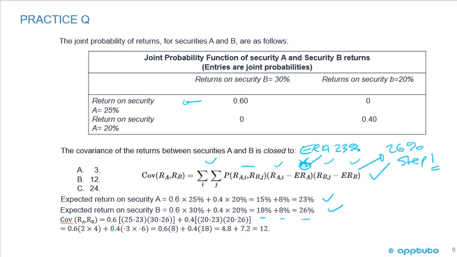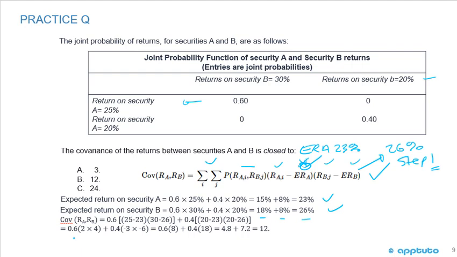It's 0.6 times return of A minus expected return of A times return of B, 30%, minus expected return of B, plus the 0.4, we're on the second row now, times return of A, 20%, minus expected return of A, 23, times return of B, 20%, minus the expected return, 26.